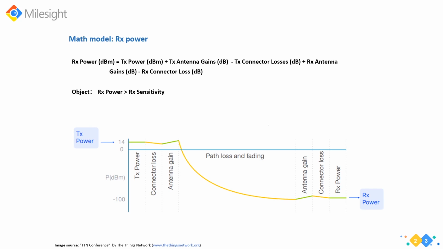So the receiver sensitivity needs to be as low as possible, or the range between the end device and the gateway should be short enough to receive the message. So with this formula, you can figure out the receive power. Here, what we need to make sure is our receive power is definitely higher than the receiver sensitivity.